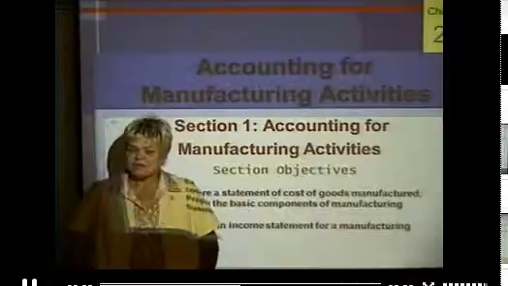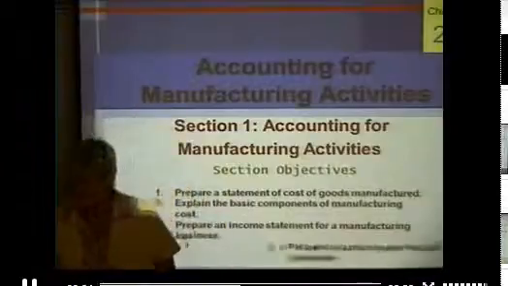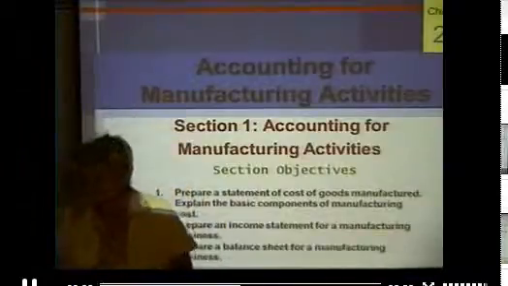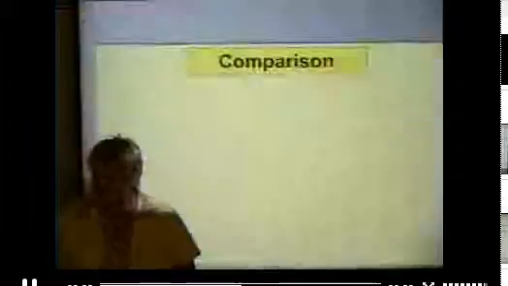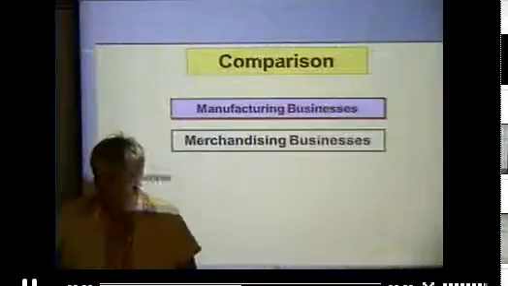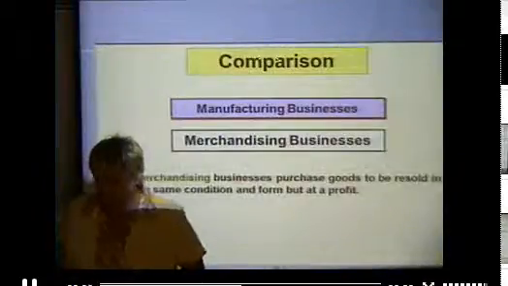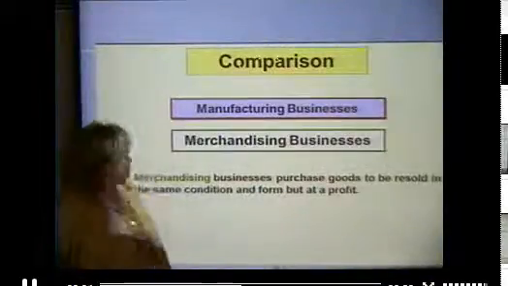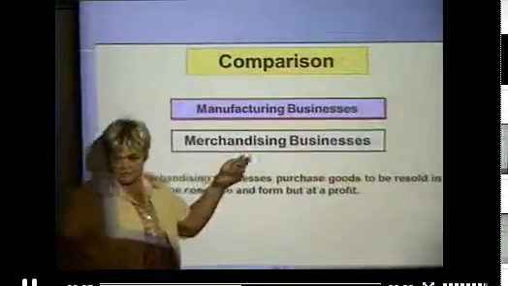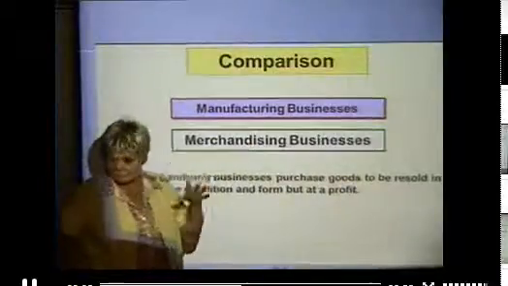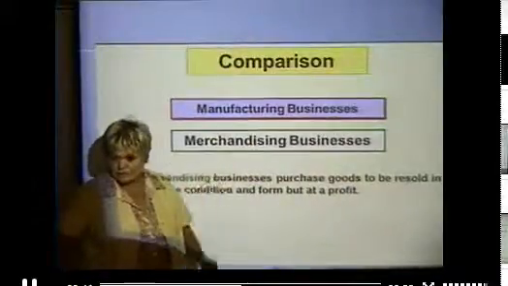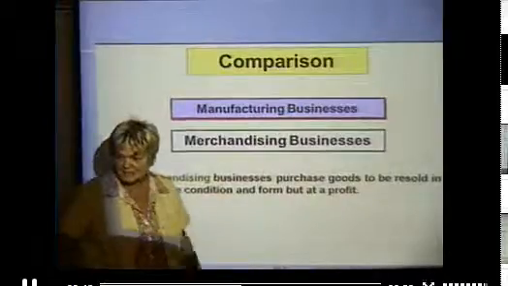Prepare a statement of cost of goods manufactured. Let's look at the first section, because we're going to cover the first section and look at some of these forms first and do some comparisons. Be sure that you're up on your merchandising. We know what that is.